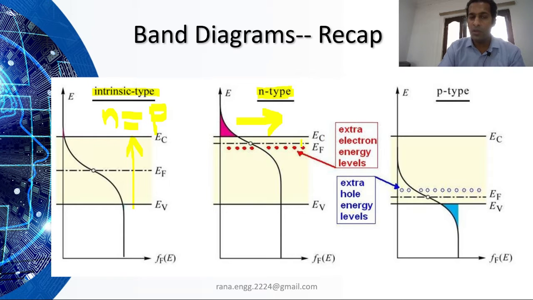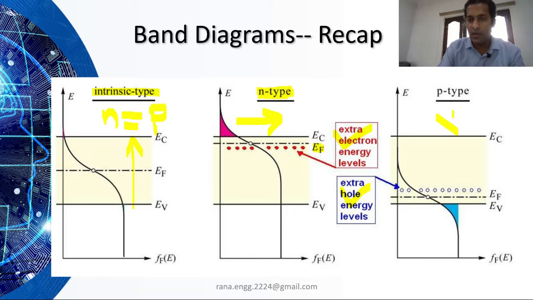So many electrons are present in the conduction band. So this Fermi level, EF, will be nearer to EC, that is the conduction band, right? Because we have extra electrons here. That is for N-type. What happens in P-type? In P-type we have extra holes. Extra holes means no conduction, no electron.